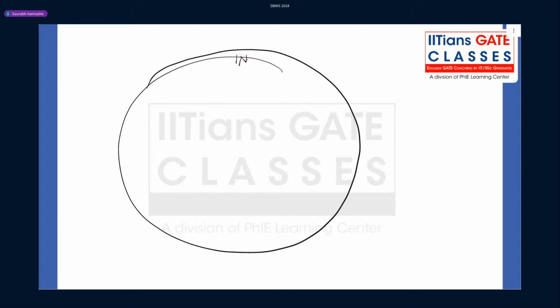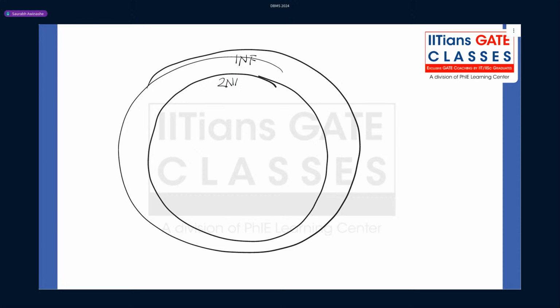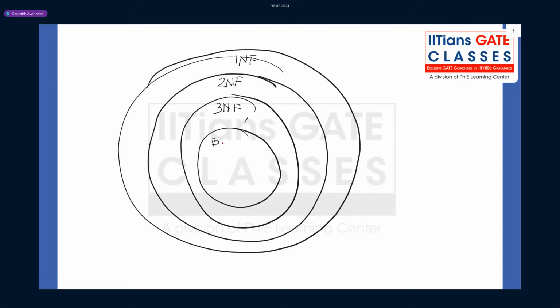This is 1NF. Then we have 2NF. Then we have 3NF. Then we have BCNF.